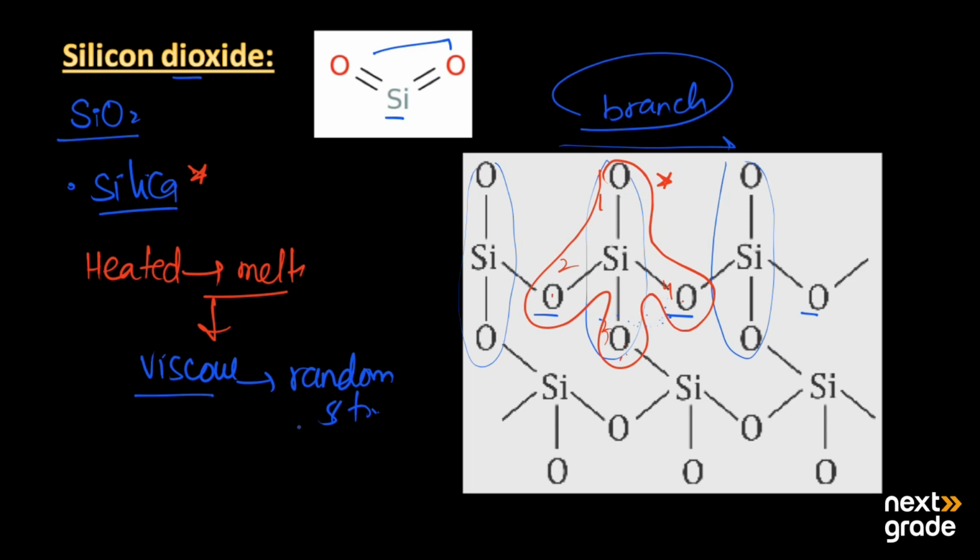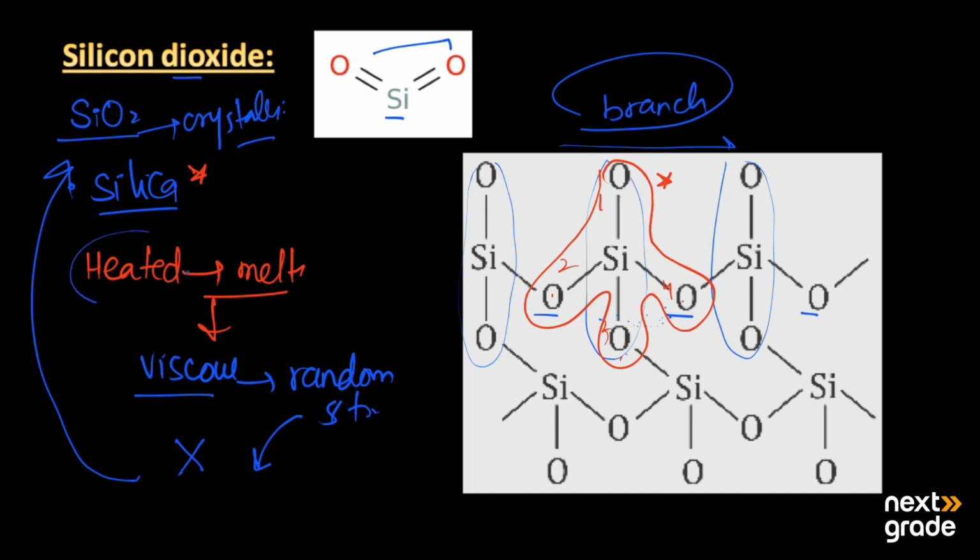When this heated silica is allowed to cool, it does not change back into the crystalline silicon dioxide. So heating, melting and then cooling will not give back the original reactant. So this is the simple silicon dioxide.